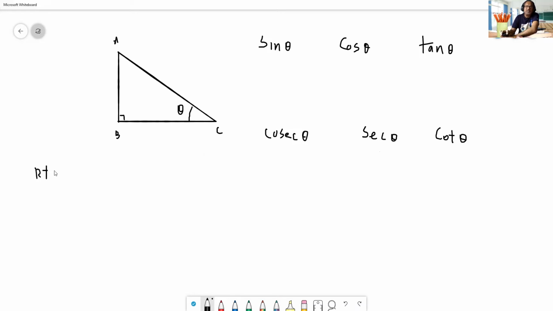That is the first thing we can say. Right angled triangle, something like this. So trigonometry always deals with a right angle triangle.